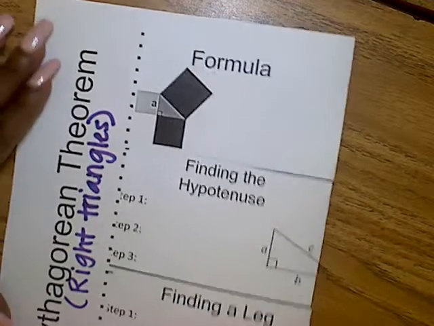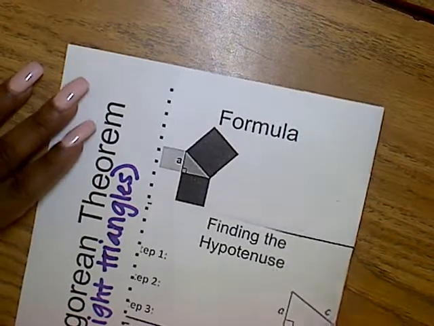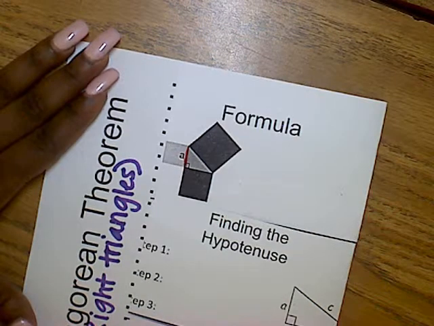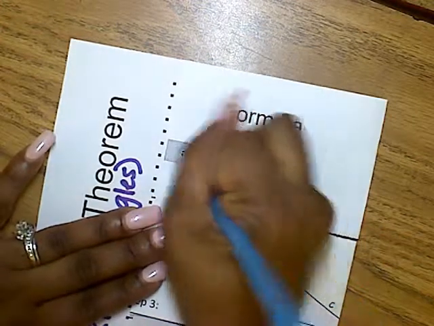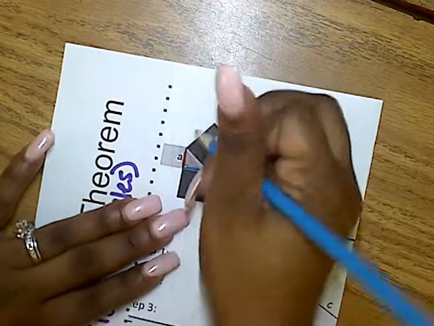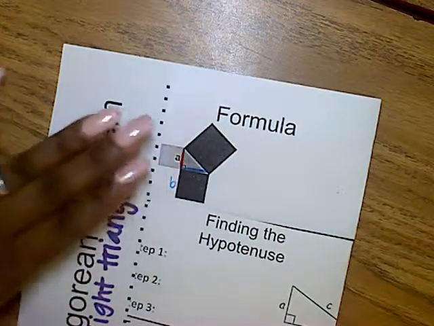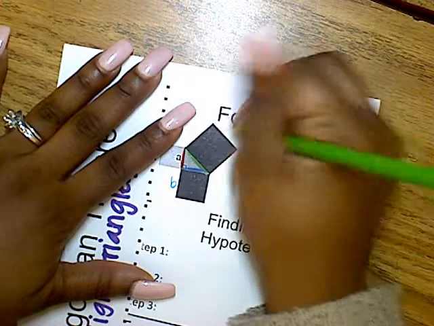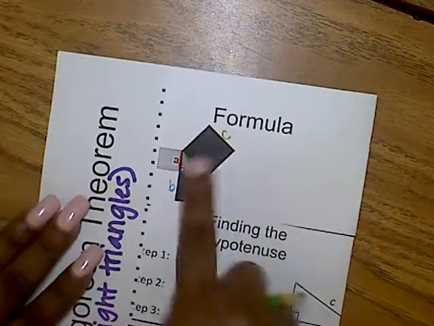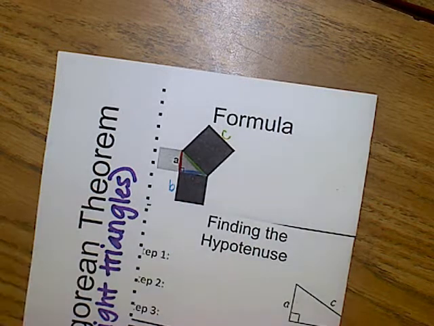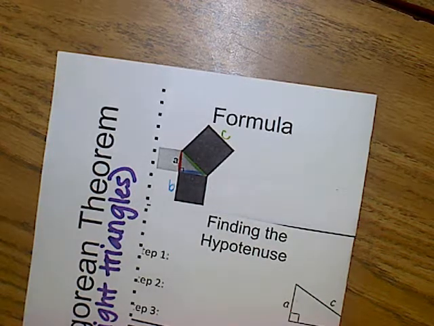So the formula, as you can see, you have this side that says A. I know it's a little dark, but you have this side that says B. So that is a B right there. So if you can't see it, just write B. And then you can't see this side because it's so dark, but this side is C, and I just wrote it on the edge. So you have your sides A, B, and C of your right triangle, and then you have these squares here that they form.